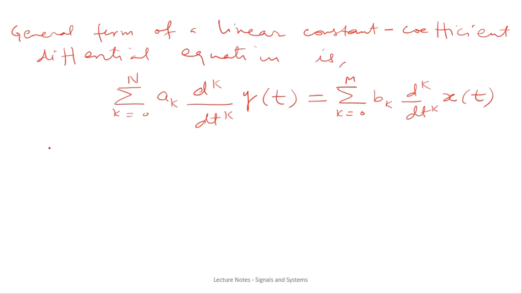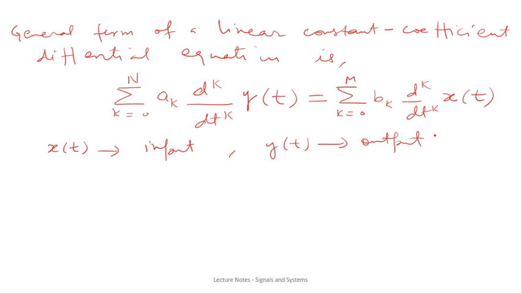Now here x(t) is the input, obviously you know it. The y(t) is the output of the system.